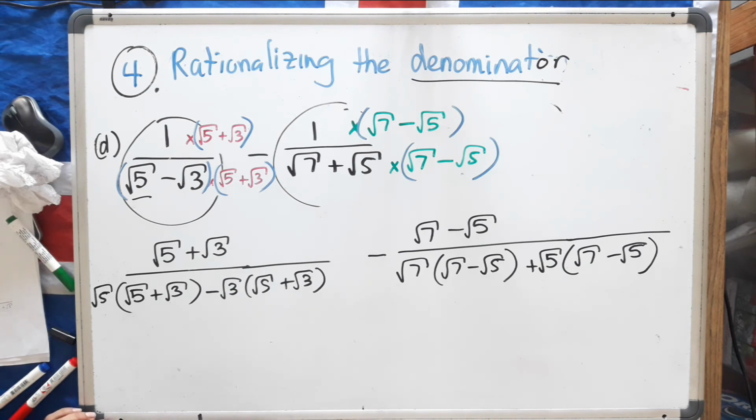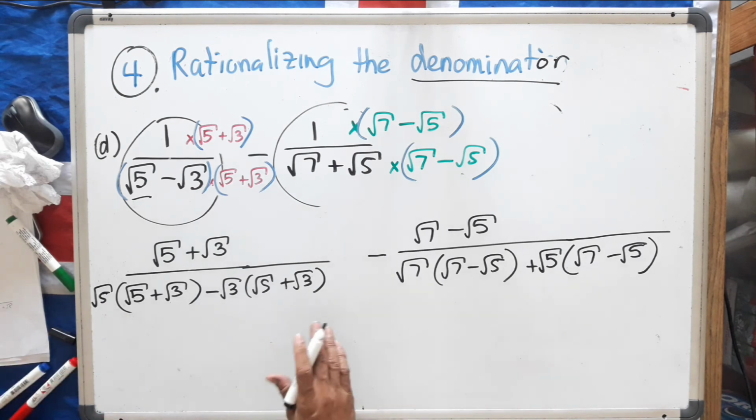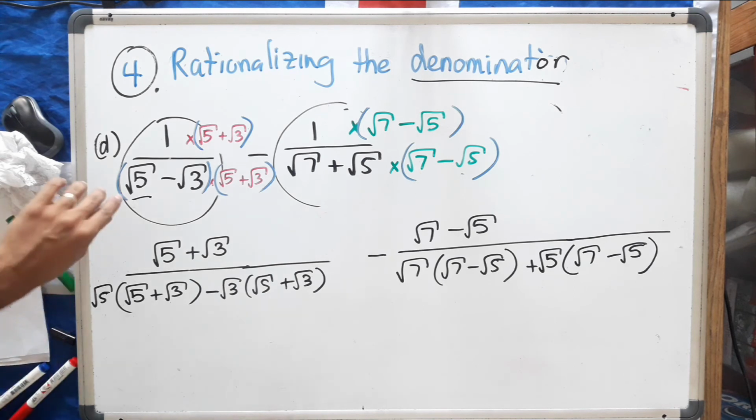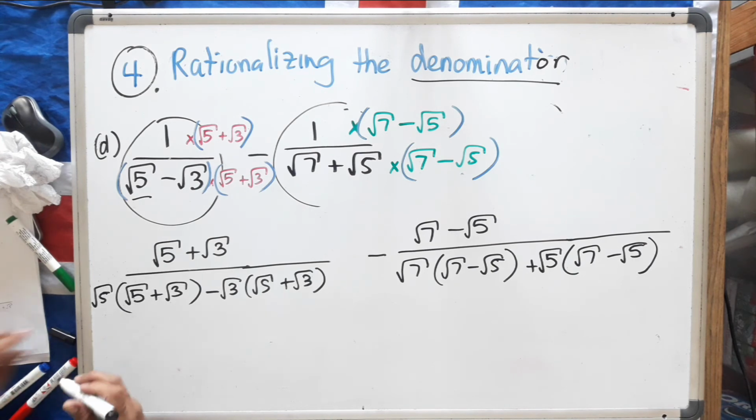Alright, so all we have to do now is take our time and multiply everything out, and most likely all the denominators, all the surds or irrational numbers will just disappear. Alright, so let's see. Square root of 5 by the square root of 5 is 5.